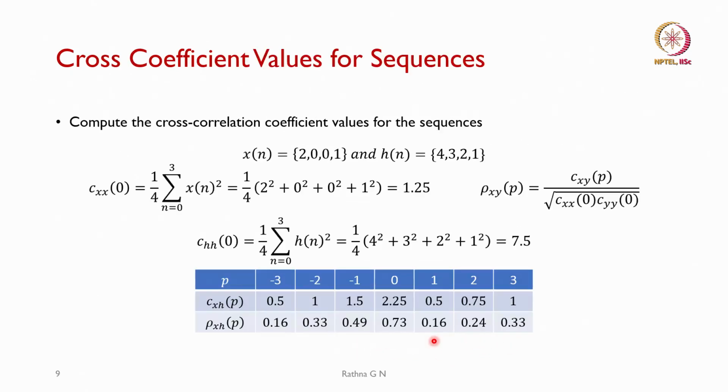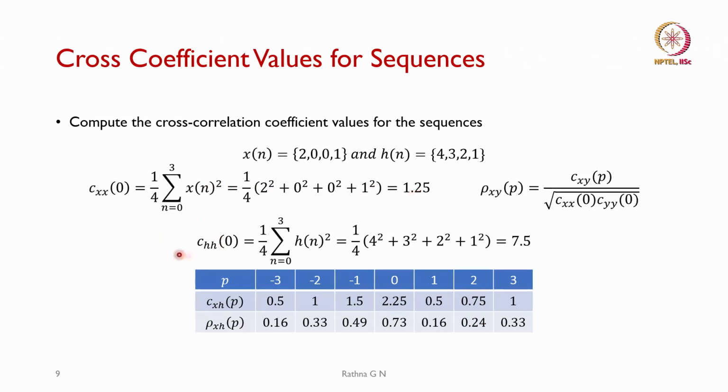As an example, we will take the same sequences x of n and h of n. We have already calculated their cross correlation. Now we will see the values. The autocorrelation Cxx of 0 is nothing but 1 by 4 into the sum over n equal to 0 to 3 of x of n squared, which is 1 by 4 into 2 squared plus 0 squared plus 0 squared plus 1 squared, which is equal to 1.25.